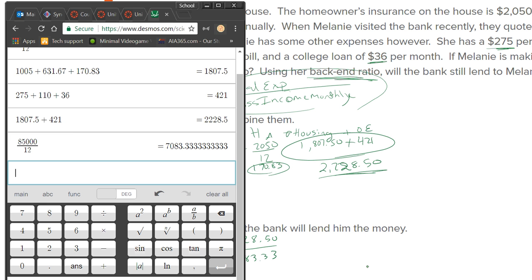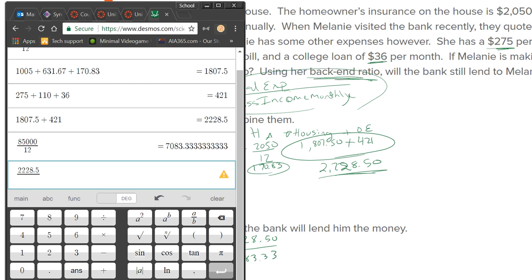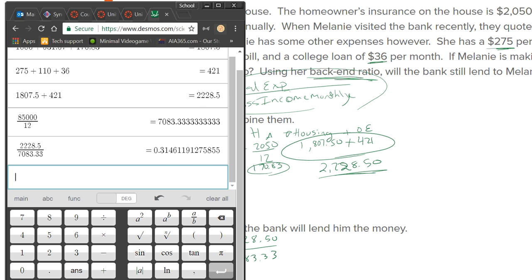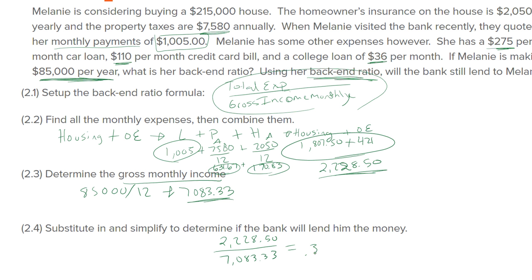All right, so we have 2,228.5 divided by $7,083.33, and we get 0.314. All right, so that is 0.31, and that is less than 36% for our back-end ratio, or 0.36 for our back-end ratio, so that means the bank will lend them money.